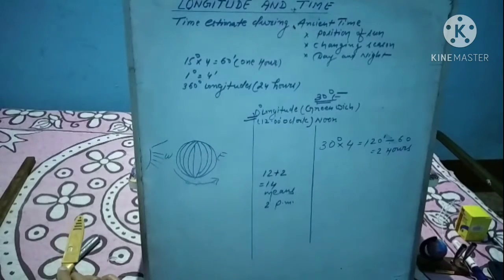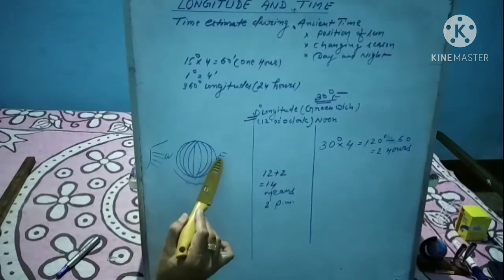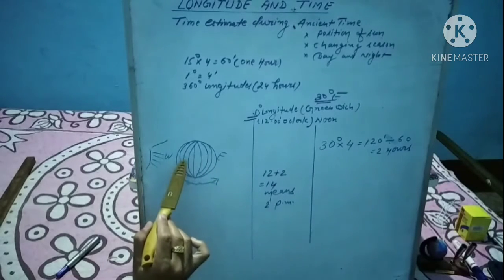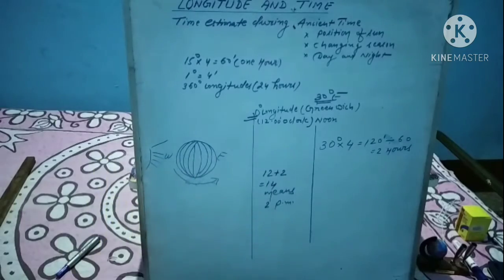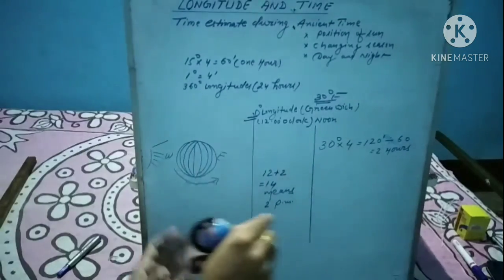That is why, due to the rotation of the earth's surface, different longitudes receive sunlight at different times. You can understand in this way.